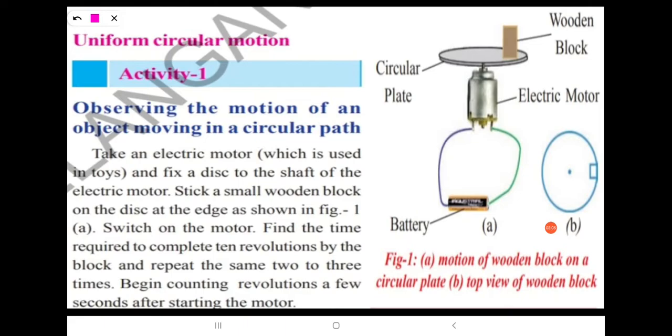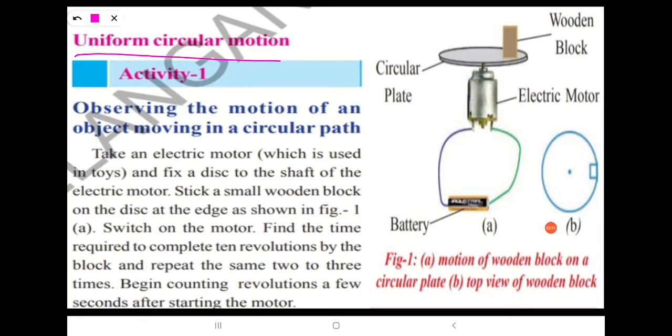Here, Newton explained the motion of the moon by using the concept of uniform circular motion, and then he developed the idea of gravitation between any two masses.